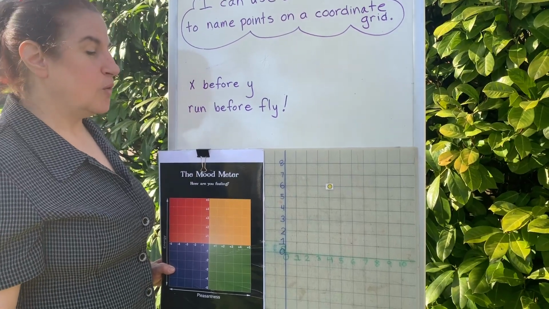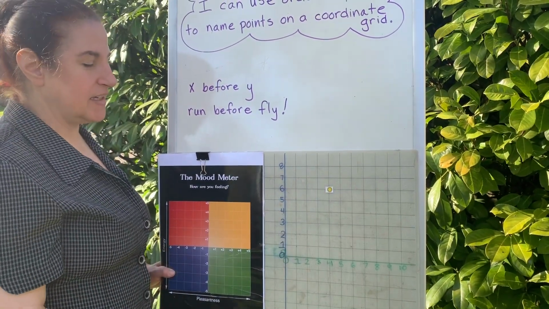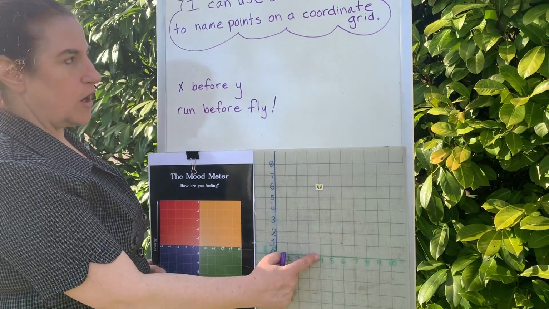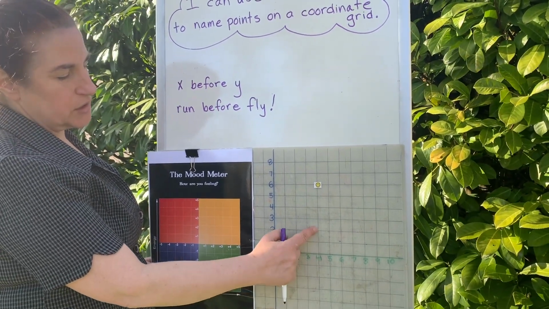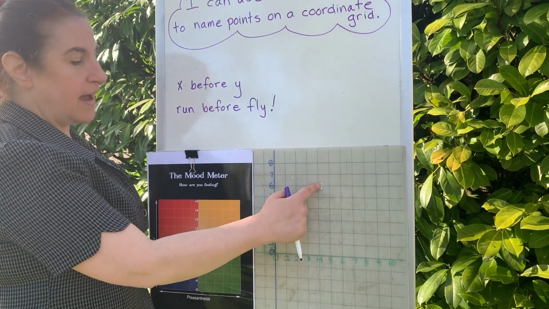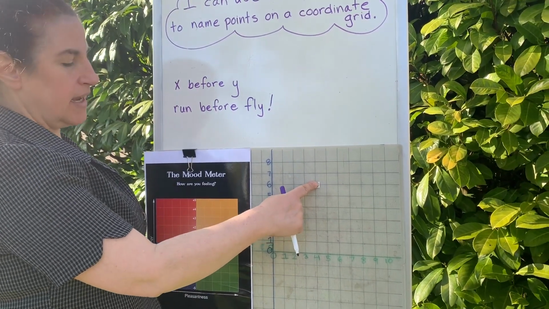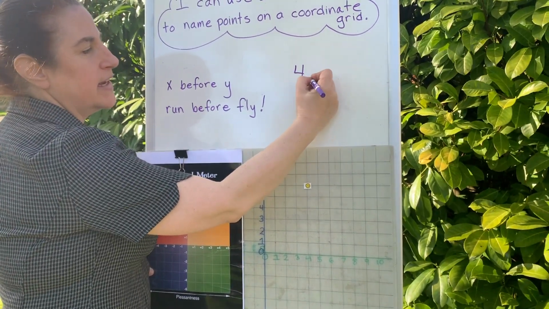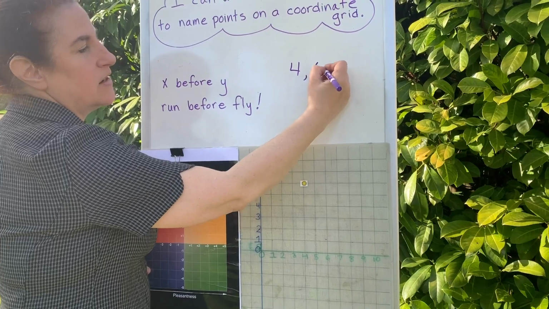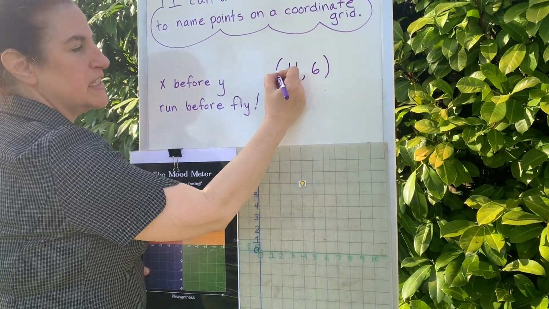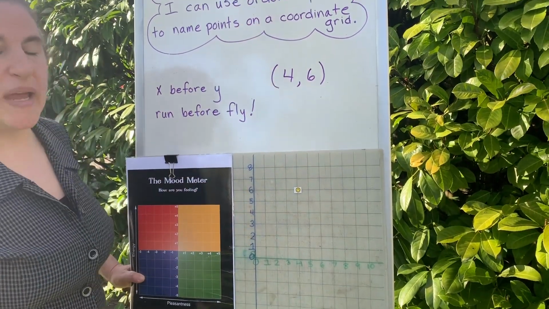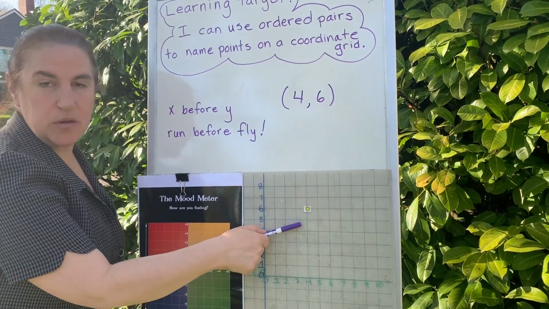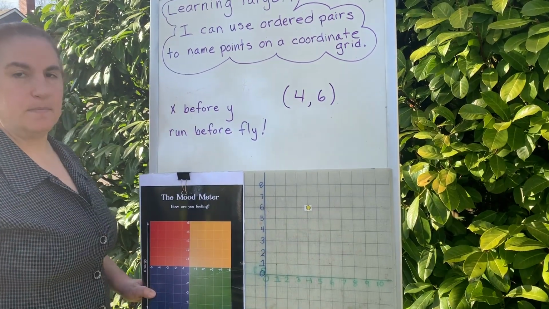For example, we can say where the yellow smiley face is by saying that we go 1, 2, 3, 4 over on our x-axis, and 1, 2, 3, 4, 5, 6 up on our y-axis, and write those down as 4 on the x and 6 on the y. We put them in parentheses, and that's called an ordered pair. And you can use this like an address to find exactly where you want to go on your coordinate grid.